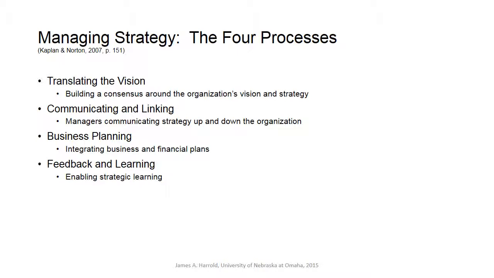And so Kaplan and Norton suggest that there are 4 processes that leaders in the organization should use to use the balanced scorecard to integrate their strategy through the organization. And briefly, these processes are translating the vision, communicating and linking, business planning, and feedback and learning.